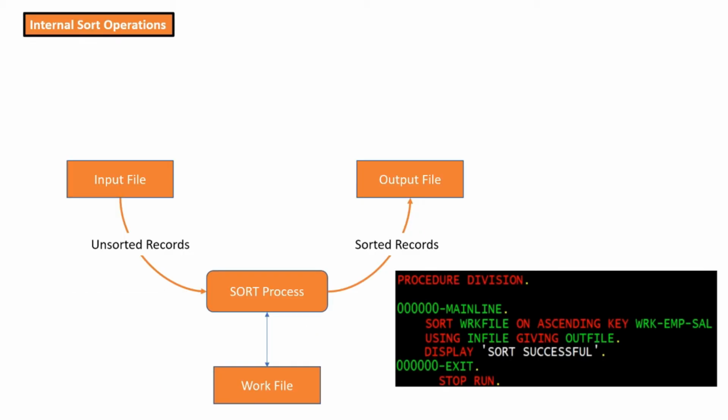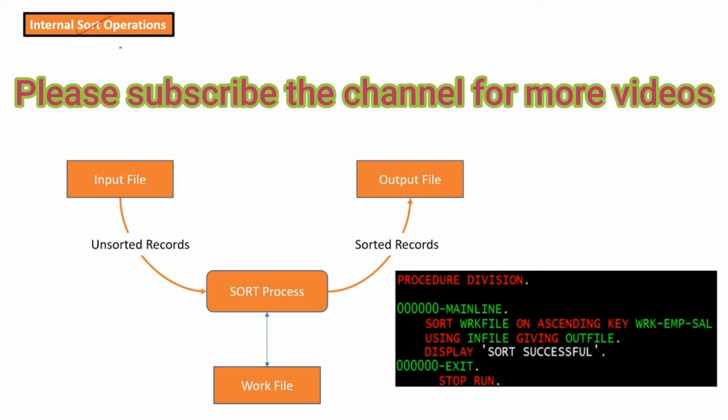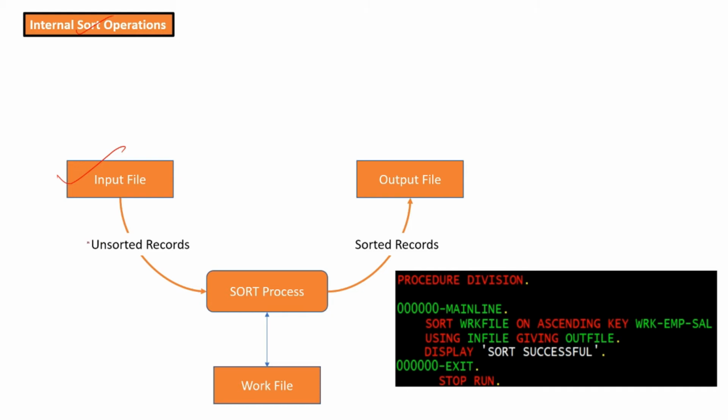And now how will the internal sort operation perform here? First of all, we have the input file which will contain the unsorted records, and we send the unsorted records here. Like we have the input file, then it sends them into the sort process, and in the sort process the work file holds the unsorted records.